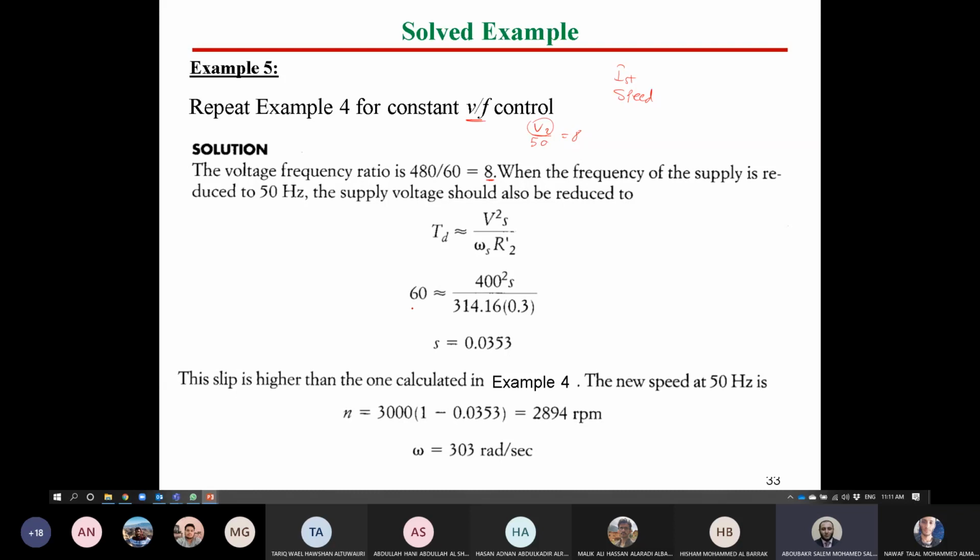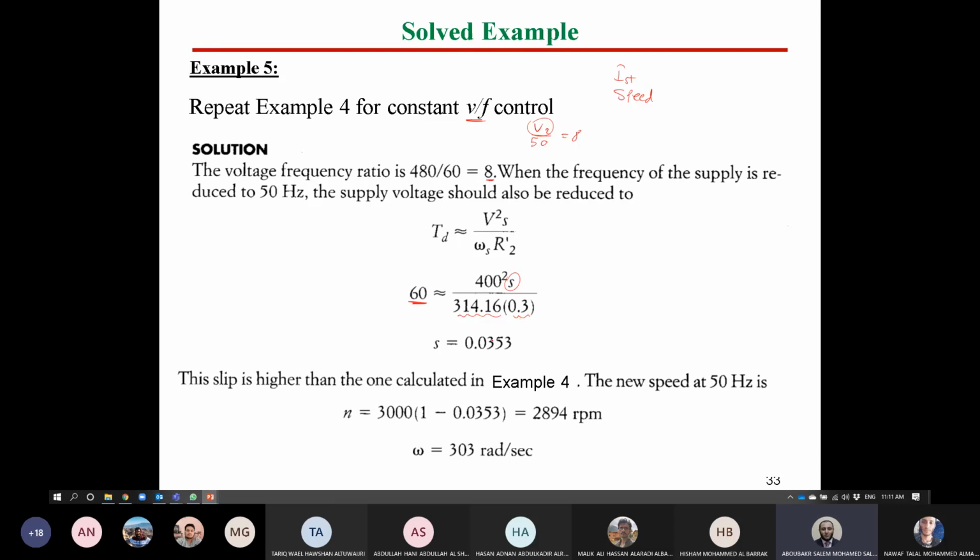For that, we can substitute in the relation: torque equals 60 Newton meters, approximately V squared, which is 400 now, multiplied by S, the required slip, divided by omega, which is 4π F over number of poles. Here the frequency should be considered as 50 hertz, multiplied by the value of resistance R2 prime.